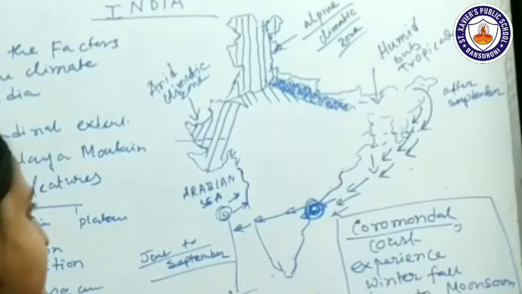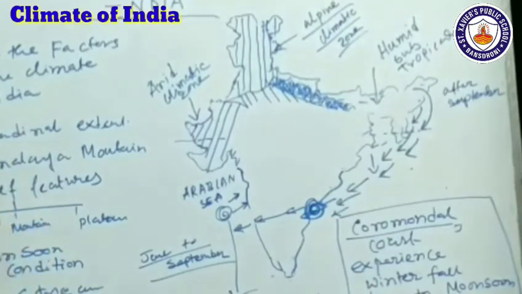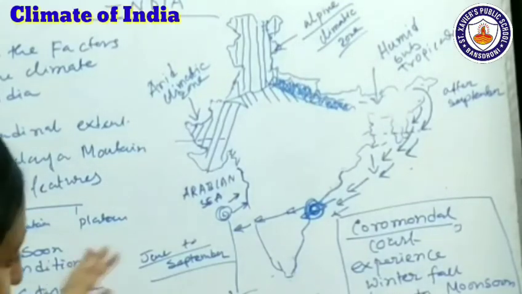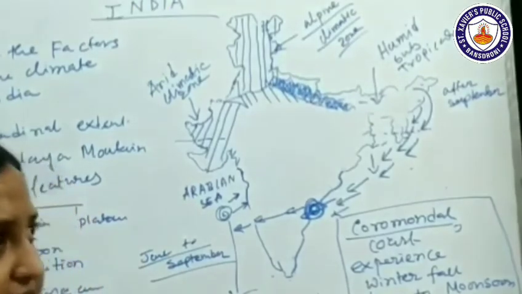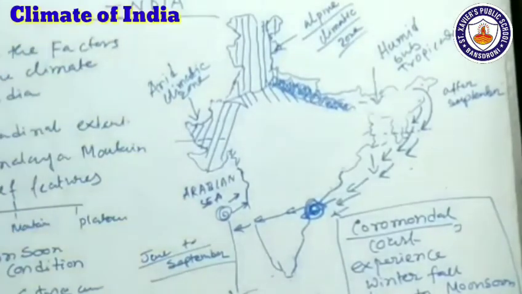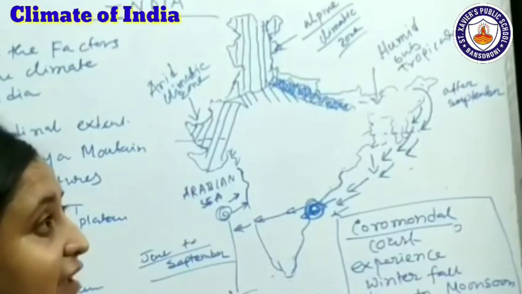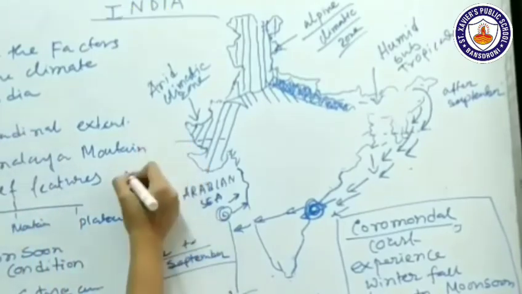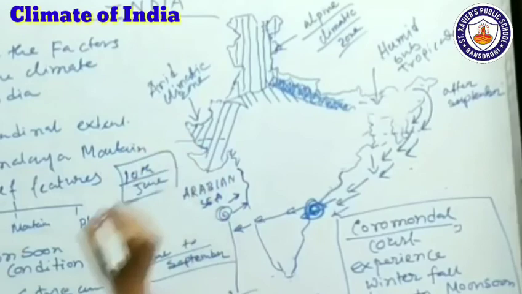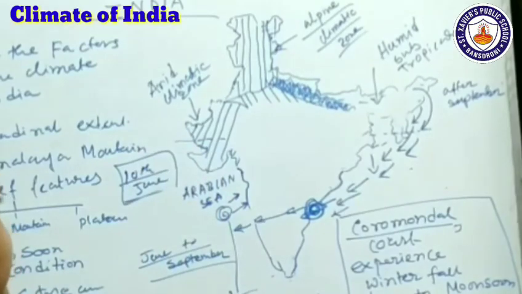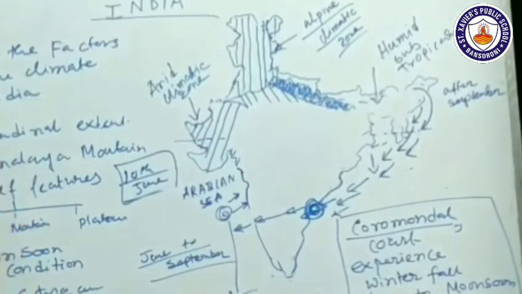And Western disturbance also. What is Western disturbance? We know that the monsoon is the main reason for rainfall in our country. 10th June is generally the date when the first monsoon comes in West Bengal, the first rainfall.